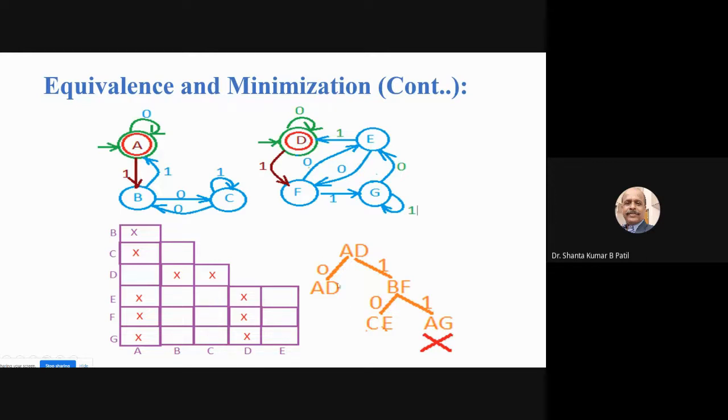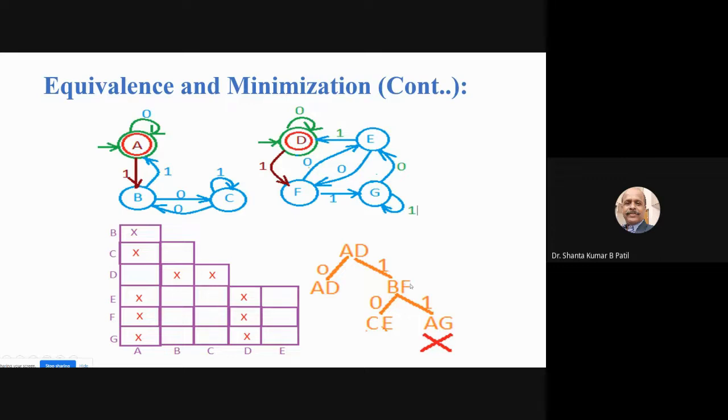So once you get new nodes, you need to verify with the difference table. In the difference table, if the cross is there, stop the construction of the tree and decide the two finite automata are not equal.